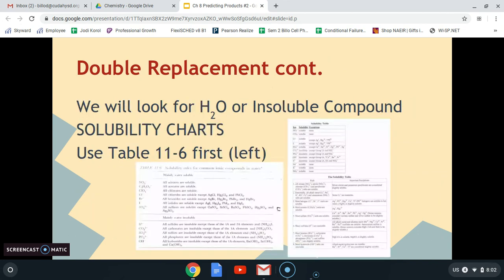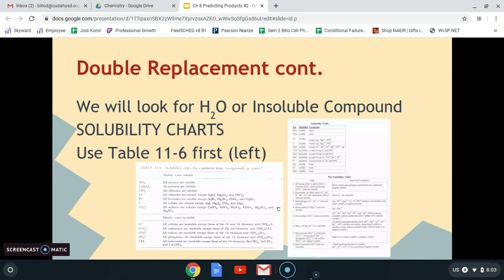You're going to look to see if a compound does not dissolve in water, meaning it's insoluble. You're going to have two charts to use. I would suggest using the table that says 11.6 at the top first. It's probably the simpler one of the two.